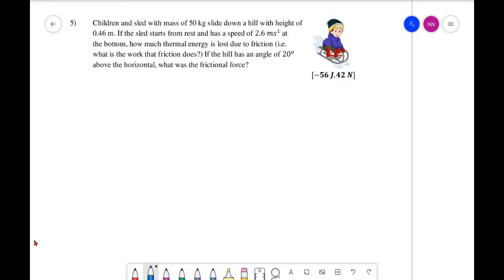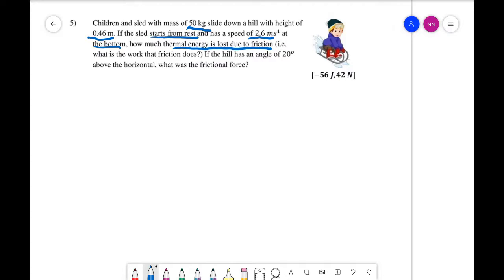Number 5. A child and sled with mass 50 kg slide down a hill with height of 0.46 meter. If the sled starts from rest and has a speed of 2.6 meter per second at the bottom, how much thermal energy is lost due to friction?